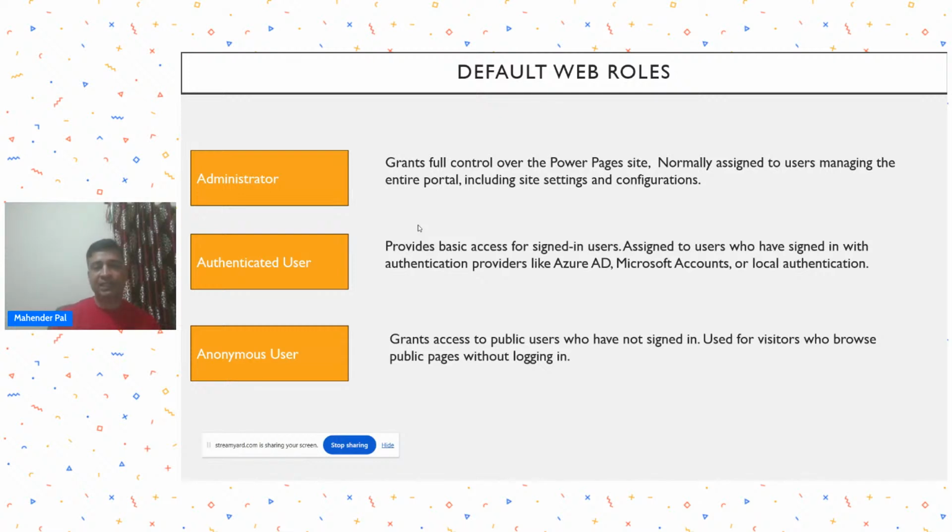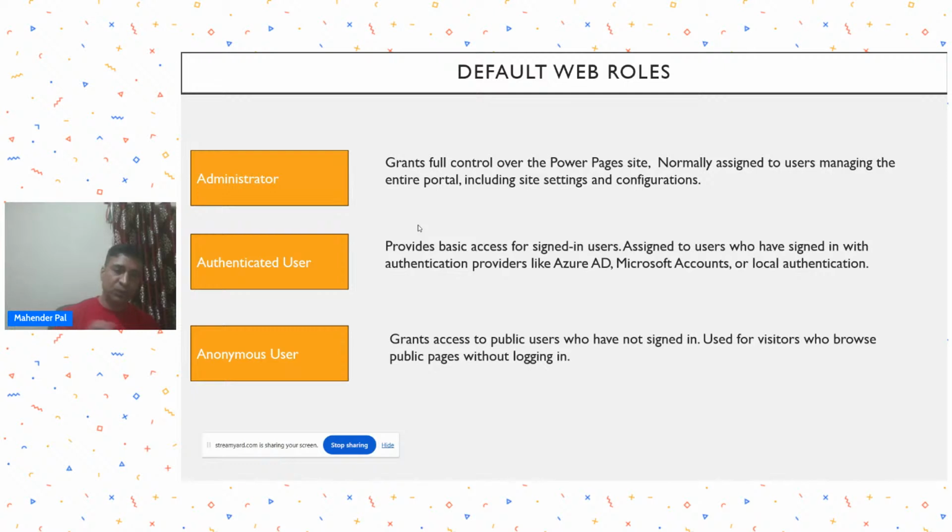We have different ways to do that: you can use a standard contact record with username and password, or you can use Azure AD to log in. Using those, you enter your credentials and become an authenticated user, and then the set of things exposed to this user will be available to you.